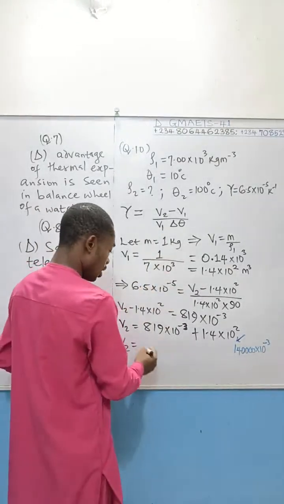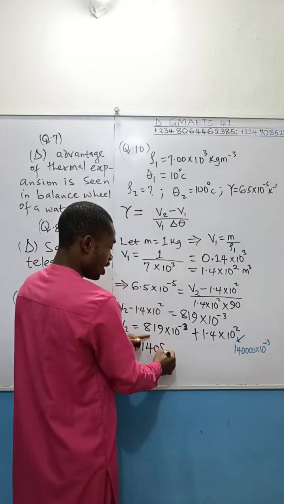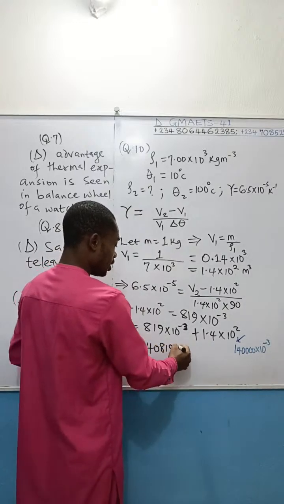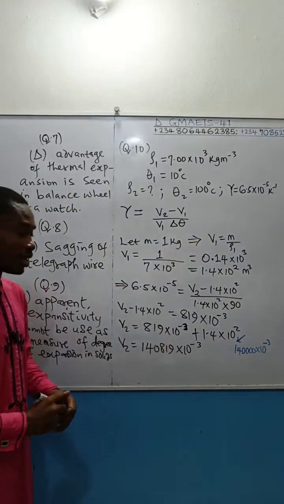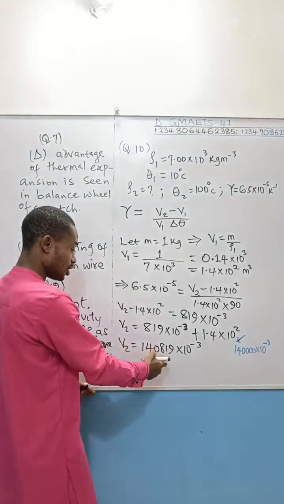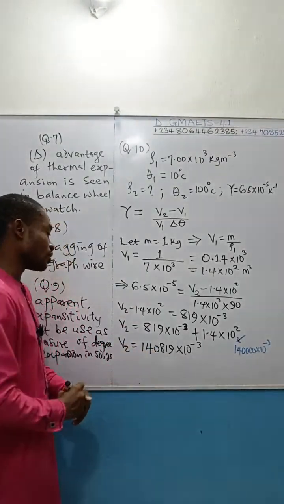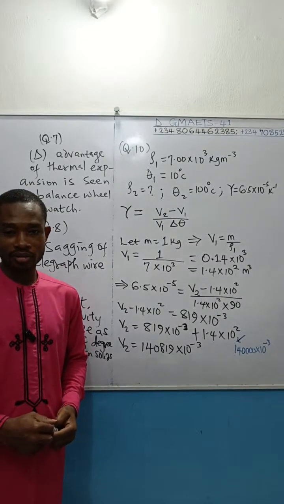So this is going to be 140,819 times 10 to the power of minus 3. This is what I obtained here. So my V2 is this value, 140,819.